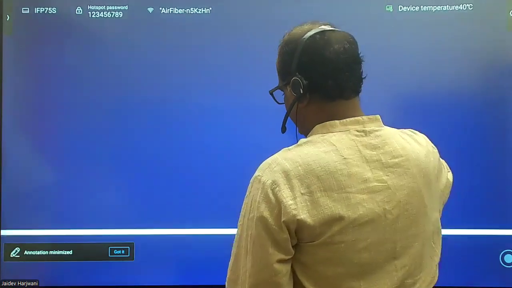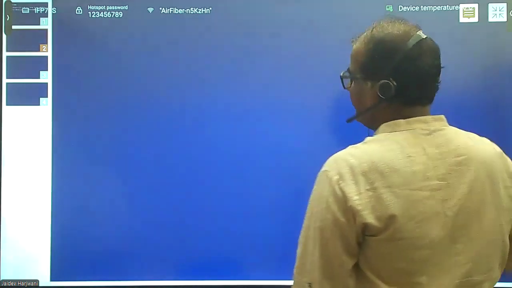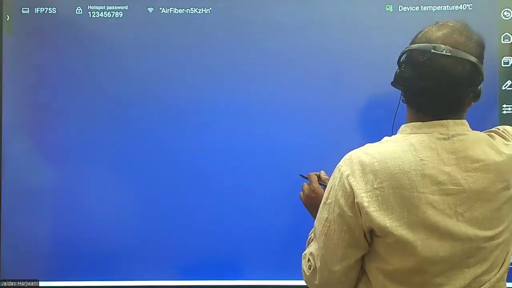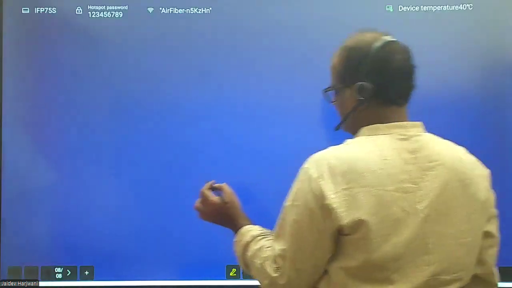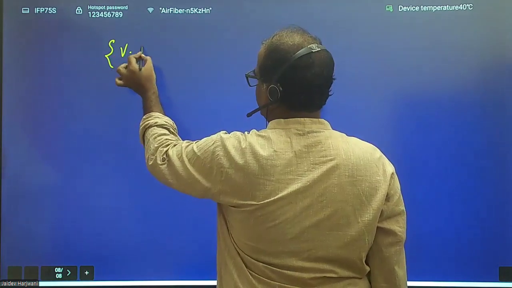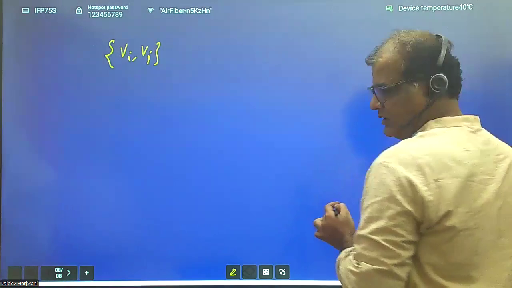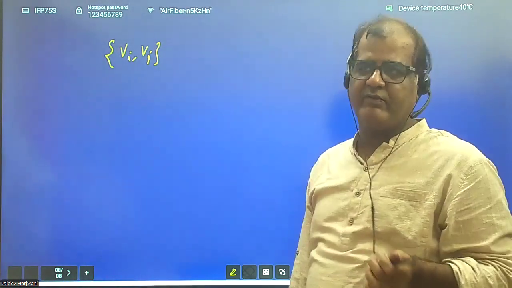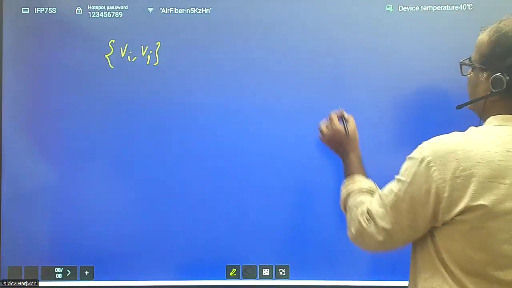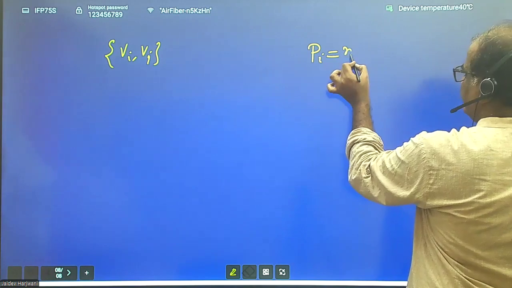So I want to find first the Poisson bracket of vi, vj. Now what is vi? Because the particle is moving in a magnetic field, we cannot write its momentum simply like the canonical momentum.